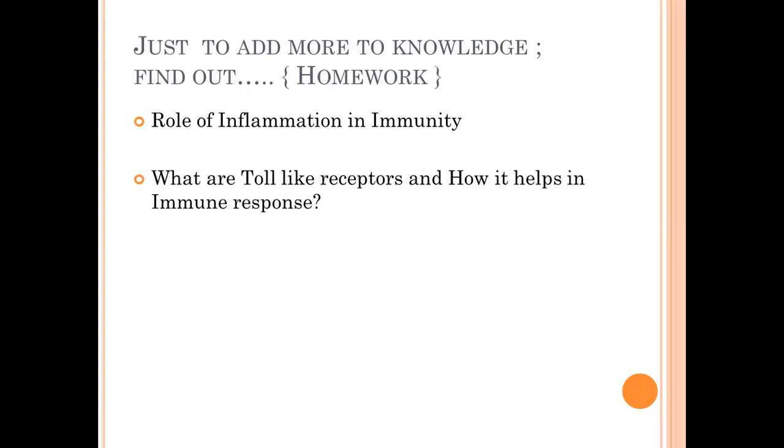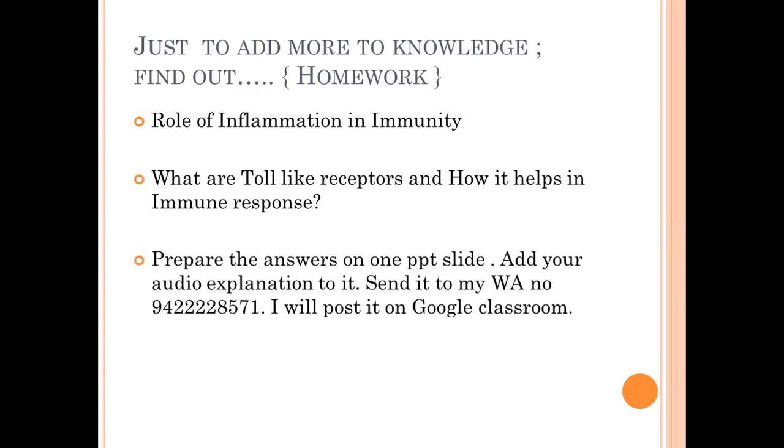This homework is for all 201 students, but you have to prepare the answers on one PPT slide. If you require two slides, you can use one for the role of inflammation in immunity, and the second for toll-like receptors and how they help in the immune response.